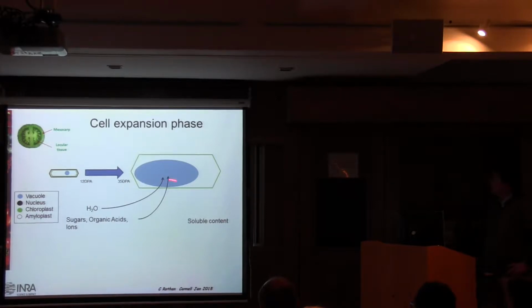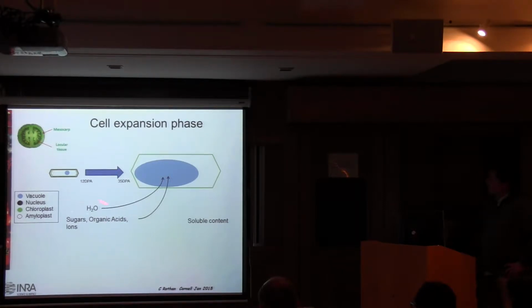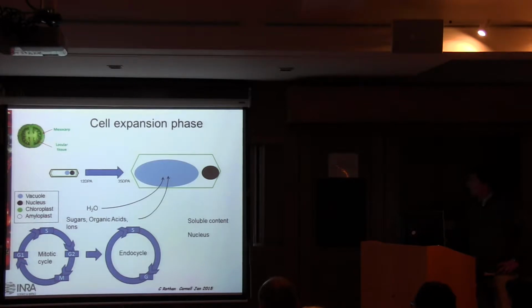And what happens? We have a large increase in cell vacuole, increase in soluble content, sugars, organic acids, ions, and so on. You have also, and this is something that you don't find in grape, but that you have in tomato, a shift from mitotic cycle to endocycle, which is a simplified cycle, and a large increase in nucleus ploidy.